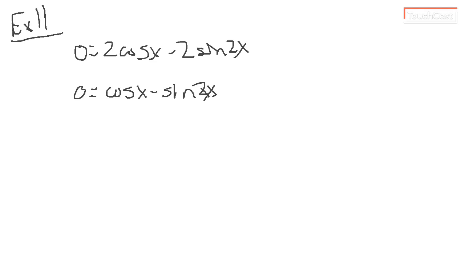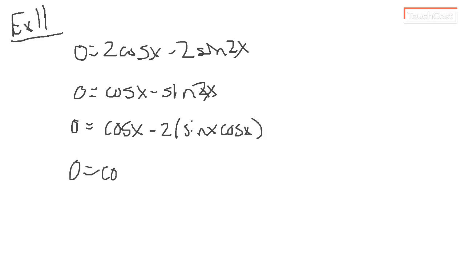And utilizing our double angle formulas, we can rewrite the sine of 2x. So we'll have 0 equals cosine x minus 2 times sine x cosine x. Now, I do notice that both terms also have a cosine, so I'm going to factor that out. I have 0 equals cosine x times 1 minus 2 sine x.